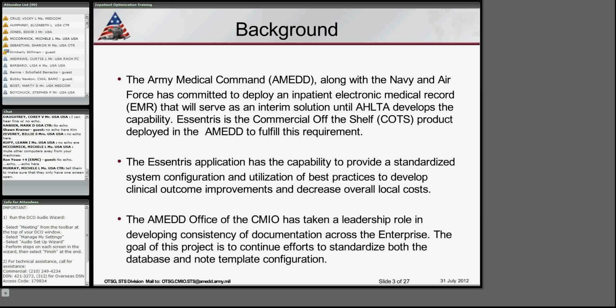So we have taken a leadership role in developing this consistency and documentation. Myself and Carol Sadio both lead some of the CAGs, which I will explain soon, and we participate in all of them, as well as many of our clinicians.